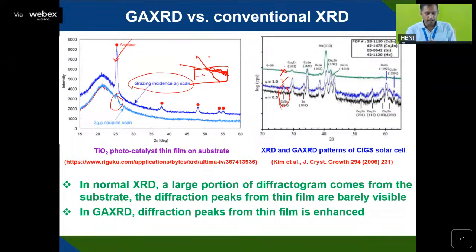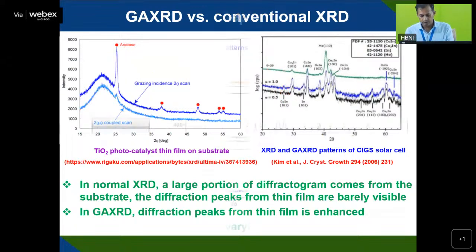In normal XRD, a large portion of the diffractogram comes from the substrate, because the X-ray beam can pass through the thin coating and go to the substrate. But in grazing angle XRD, the area of interaction of the X-ray with the coating increases and it mostly avoids going into the substrate, so you get better resolution.